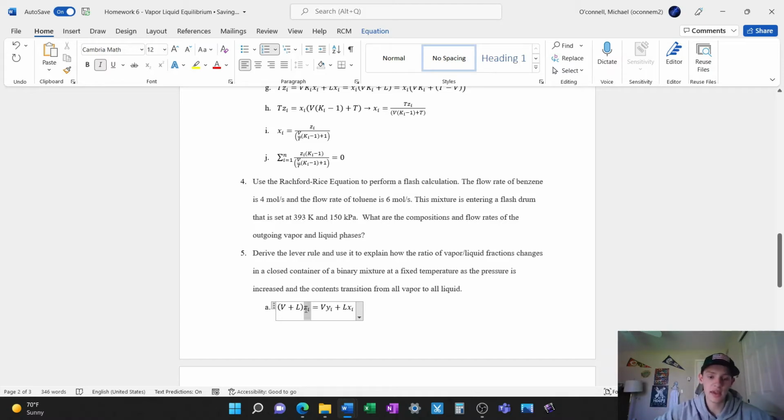So we do that, and then we can also distribute this term, the mole fraction of said material in our feed. And what do we want to do here?